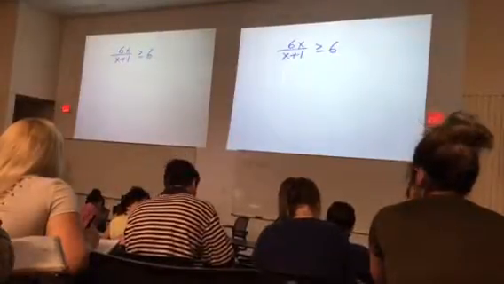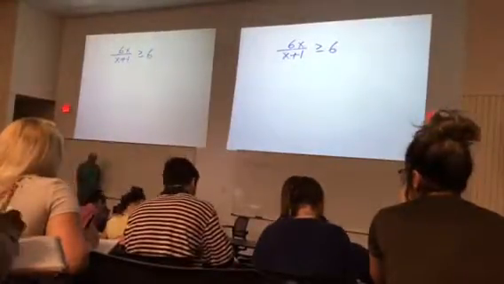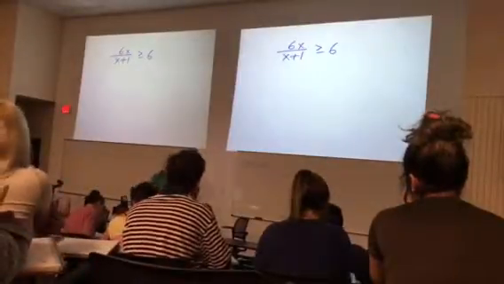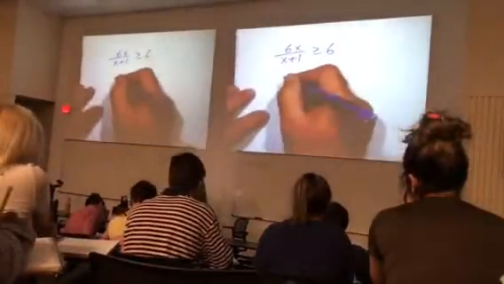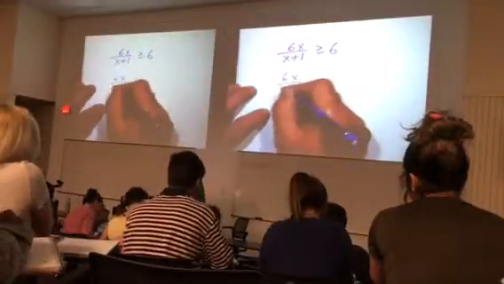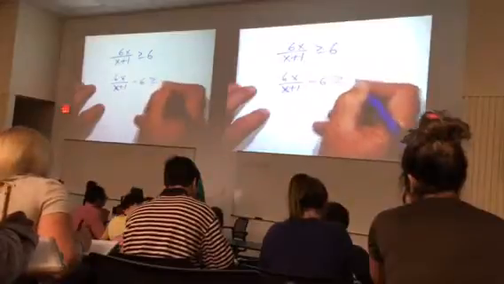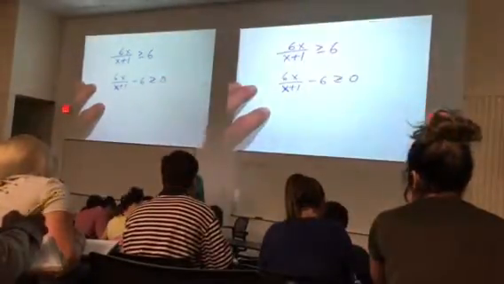So we have to get this to be one fraction. Six over x plus 1, minus 6, greater than or equal to 0.